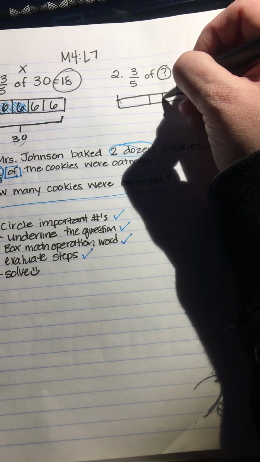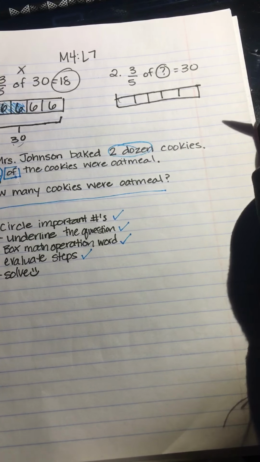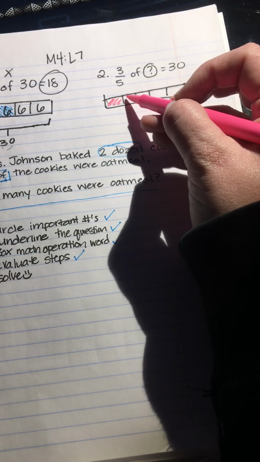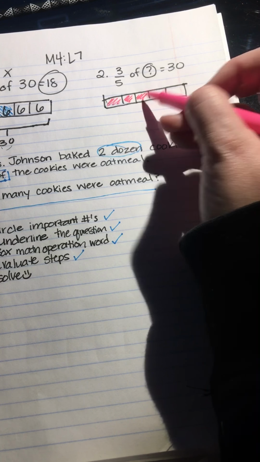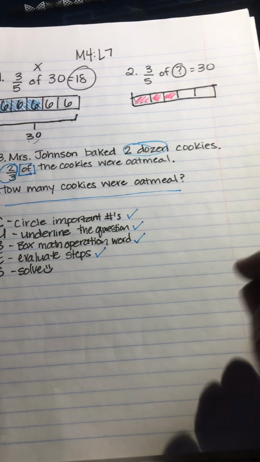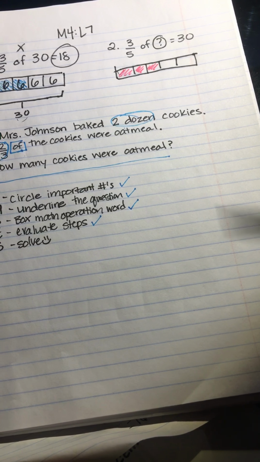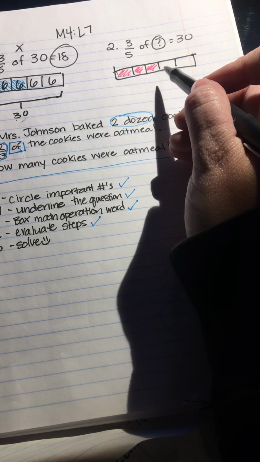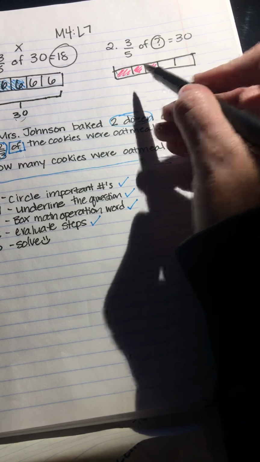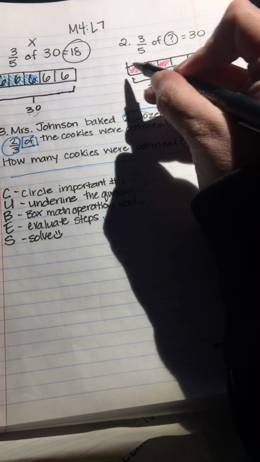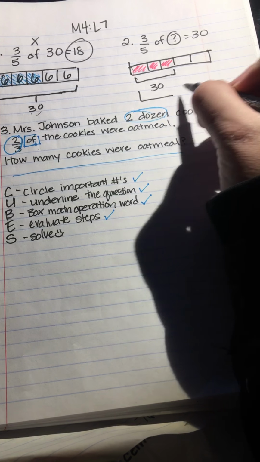So there's fifths, okay? We're still showing 1/5, 2/5, 3/5. Now, 3/5 of something is 30. So 3/5 is 30. That means from here to here is 30. It's not the whole thing. We don't know what the whole thing is.